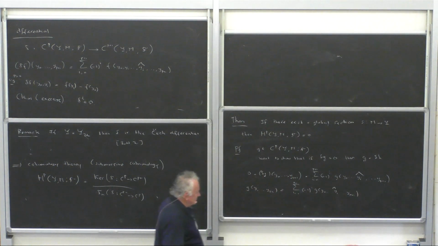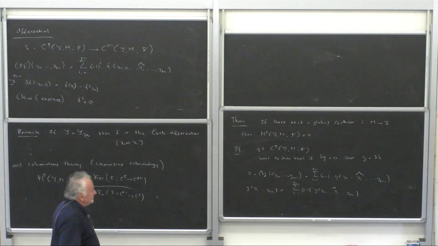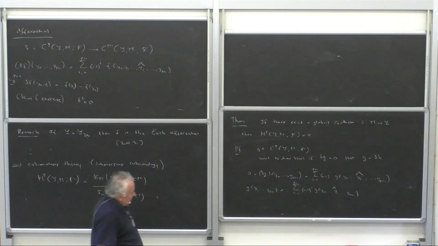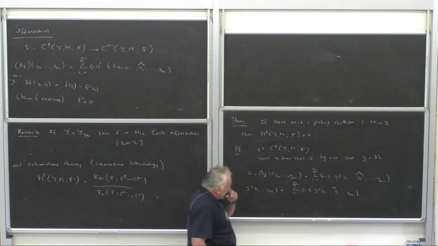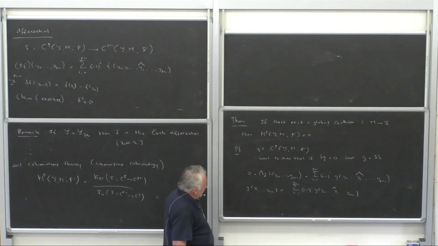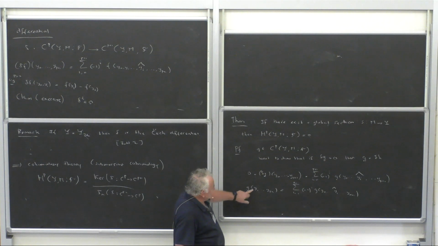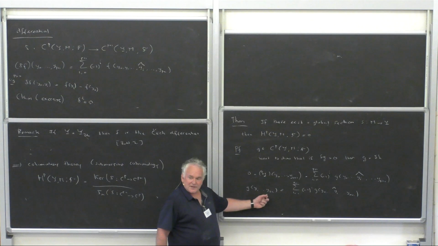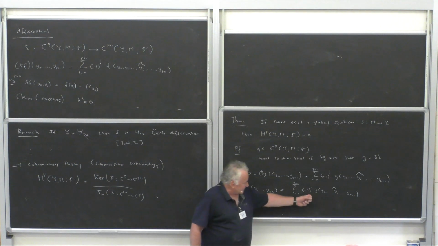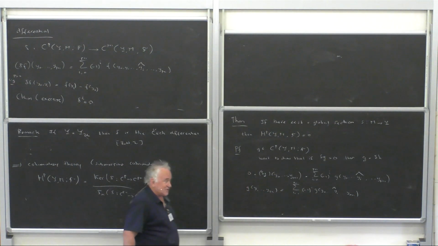Okay, so I haven't really done much. I've just massaged the condition that del g equals 0. But what I want to do is basically show that g is the del of h. So now I've isolated one particular form for g. So I want to show that this is the del of some other function.